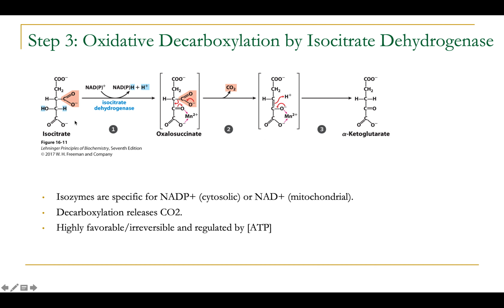The chemical logic of this step is centered around oxidation of the secondary alcohol which was produced in the previous step into the carbonyl group, with subsequent destabilization of this intermediate compound and release of CO2.